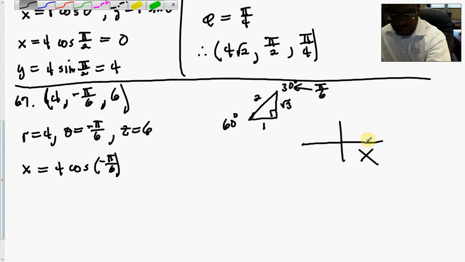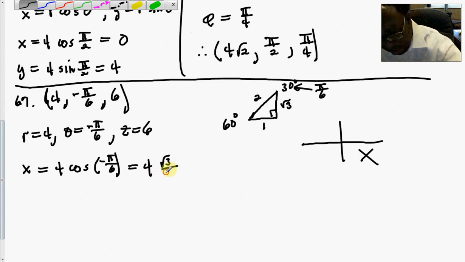So cosine is going to be positive for this negative pi over 6. So the cosine of pi over 6 would be the square root of 3 over 2. So this is 4 times the square root of 3 over 2, and x would be positive there in the fourth quadrant. So this is 2 times the square root of 3.